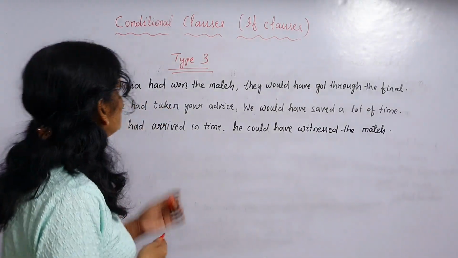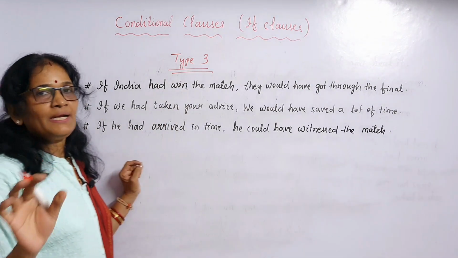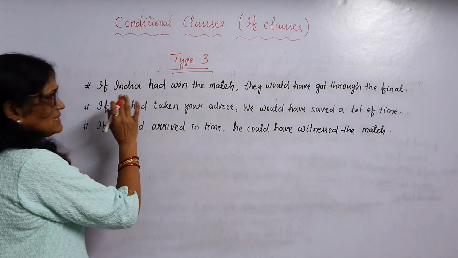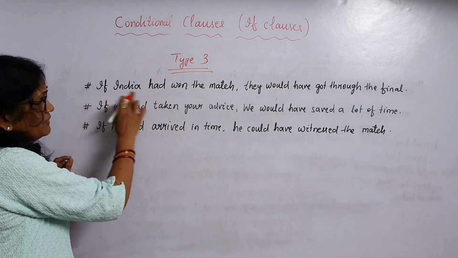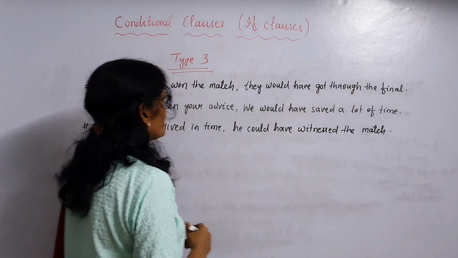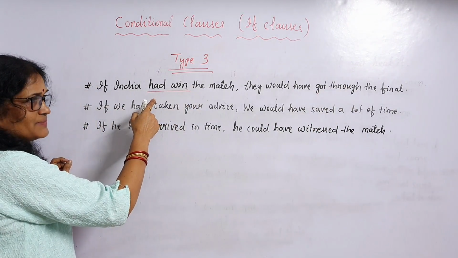Let's learn the type 3 conditional clause. The type 3 conditional clause is completely imaginary, completely hypothetical. Let's see the sentences. If India had won the match, they would have got through to the final. Here had plus V3, that means past perfect.